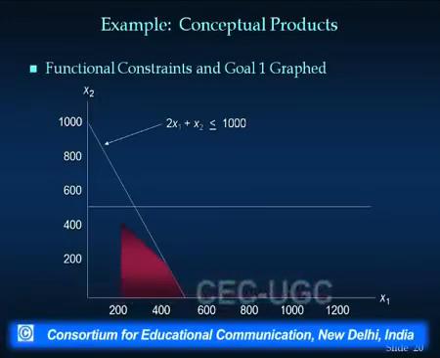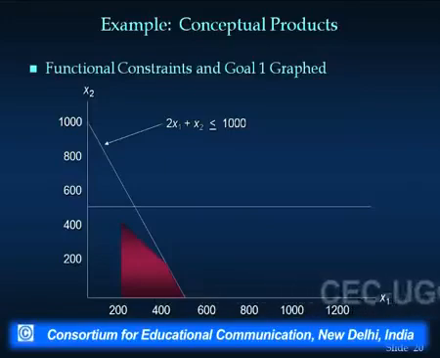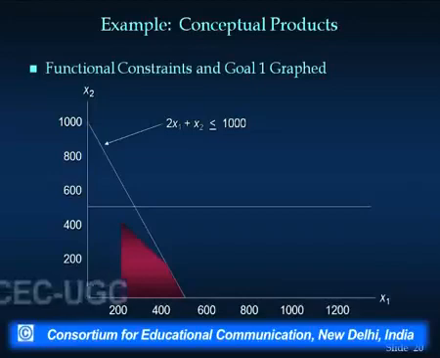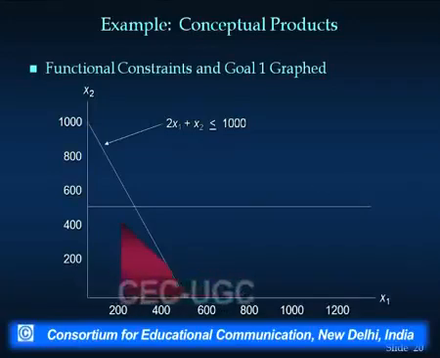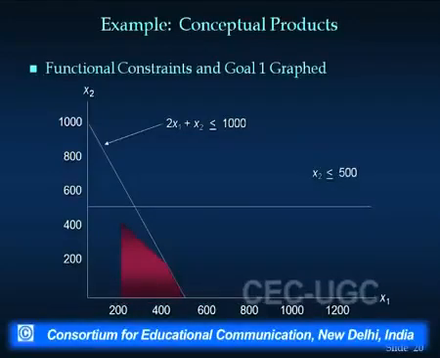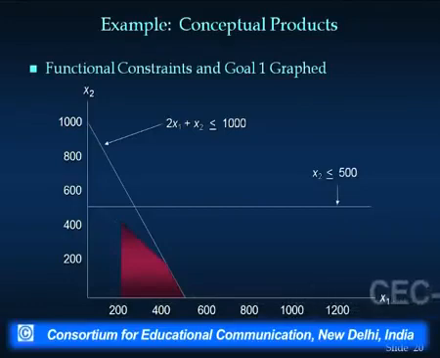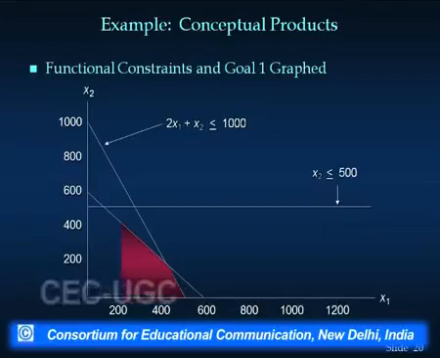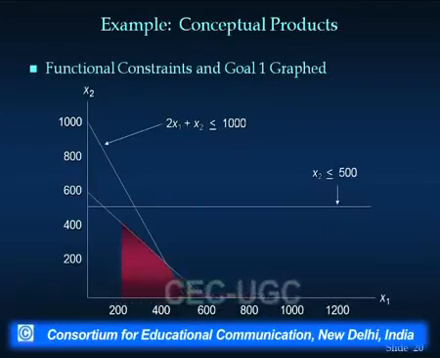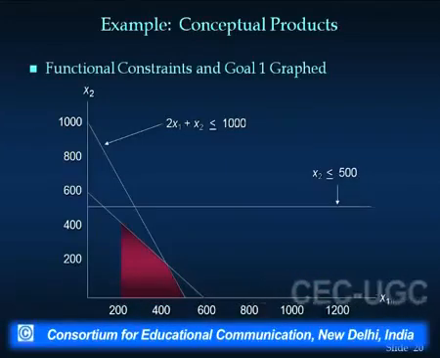This is also a functional constraint. And now x1 plus x2 should be less than or equal to 600. This will also be shown by a straight line. This is the third functional constraint. So these three lines and these functional constraints.